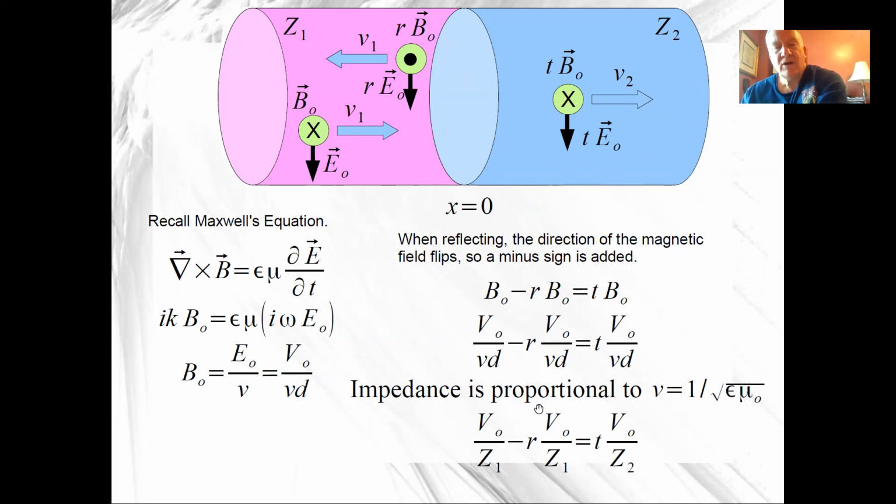We know that the impedance is proportional to 1 over V, which is 1 over the square root of epsilon mu. So what we end up with is V naught over Z1 minus R V naught over Z1 is equal to T V naught over Z2.